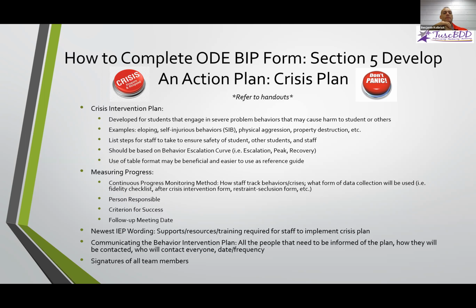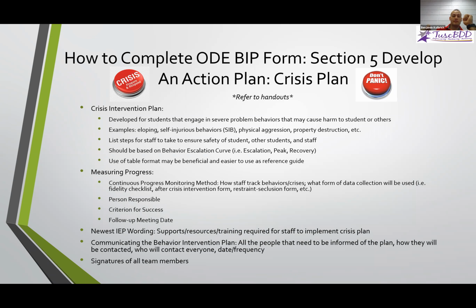So use of a table format may be beneficial and easier to use as a reference guide. Now, when I talk about that, I developed a table before, when I used to work over in Pennsylvania doing in-home therapy. We broke it down into those specific areas, escalation, peak, and recovery, and what those behaviors look like in each stage of a crisis.